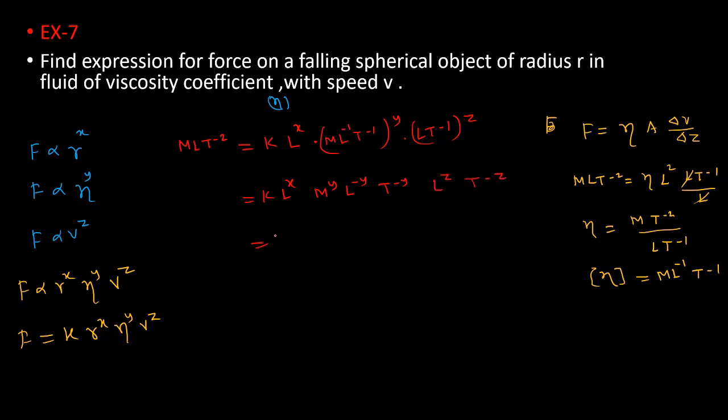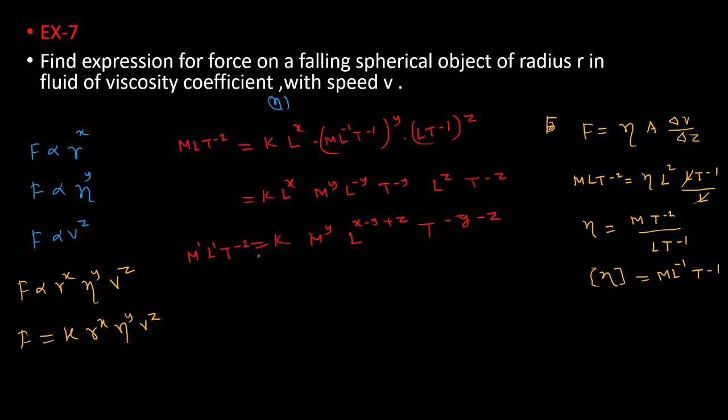So the complete term on this side will be m to the power y, L to the power x minus y plus z, and t to the power minus y minus z. And on the left hand side there is m to the power 1, L to the power 1, and t to the power minus 2.